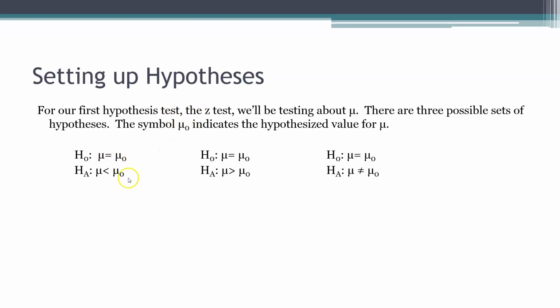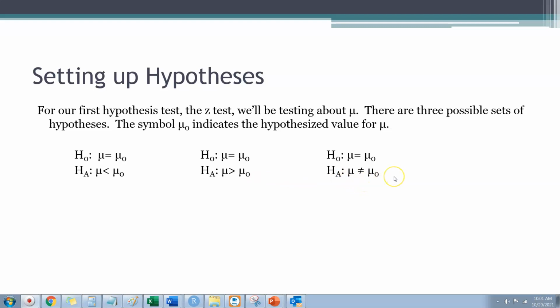And we're going to actually have numbers in here, but these are 3 possible sets of hypotheses. We might want to show that the population mean is less than some hypothesized value, or we might want to show that the population mean is greater than some hypothesized value, or we might want to show that it's just not equal to some hypothesized value.